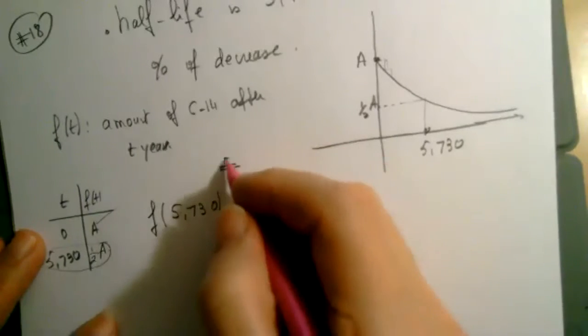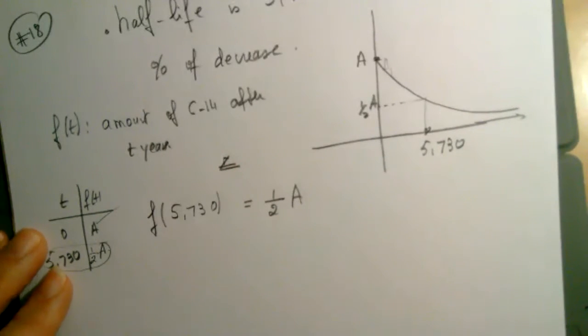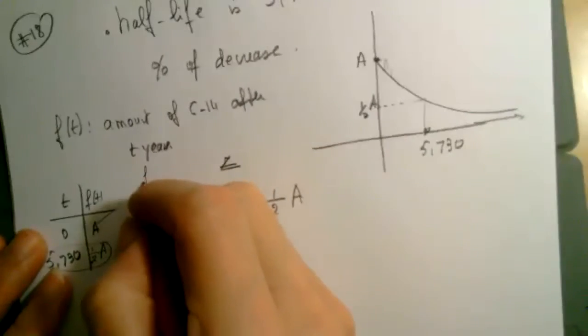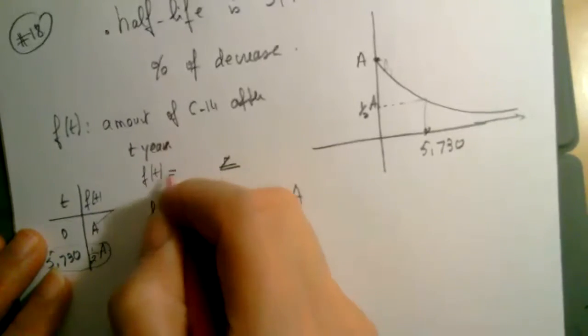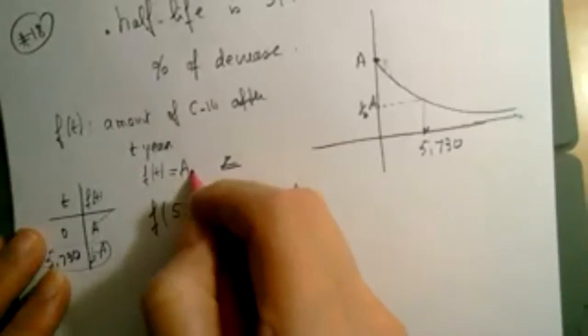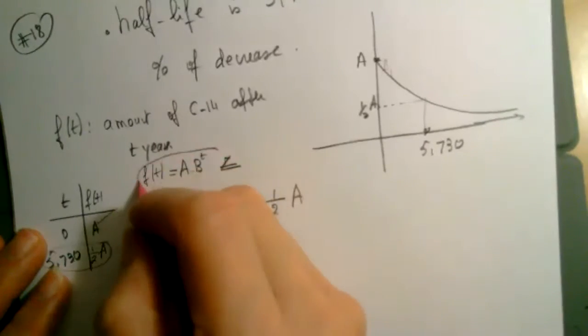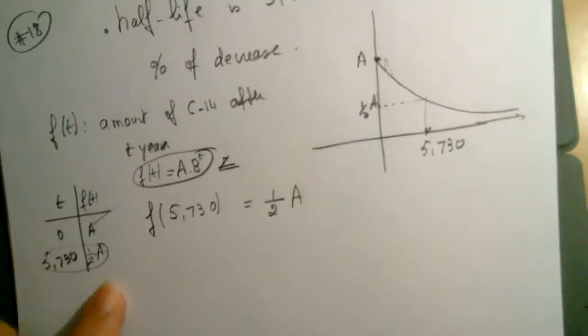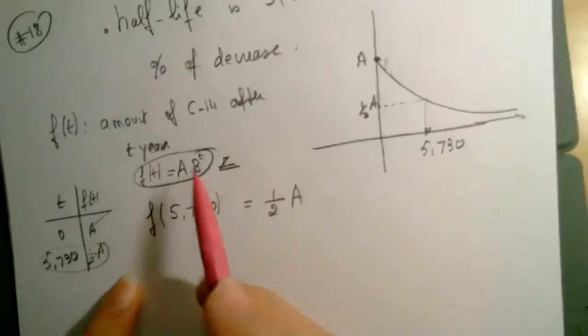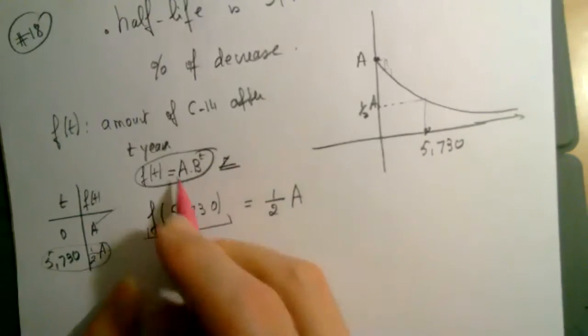But what is the formula here? I forgot to write the formula. We're assuming exponential. It means f of t is A b to the t. That's really my assumption. And I actually want the b. So I substitute.